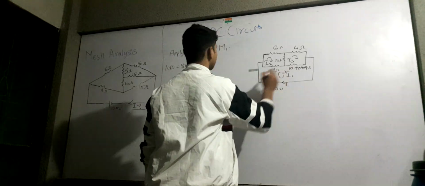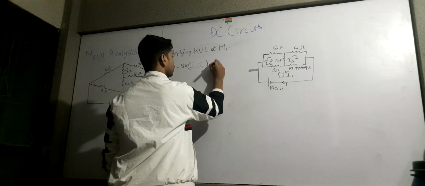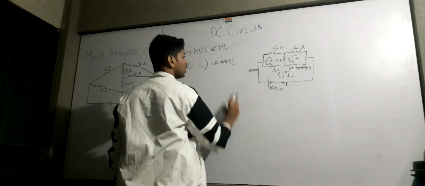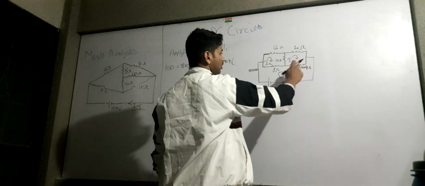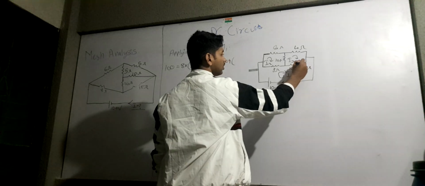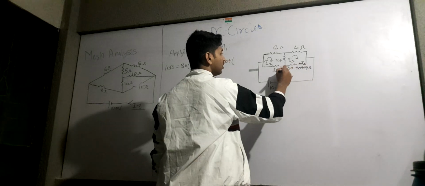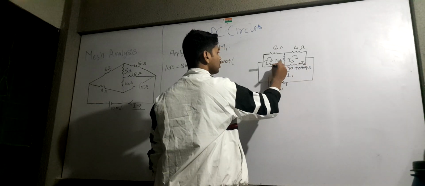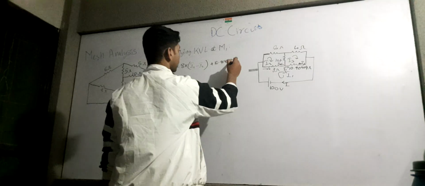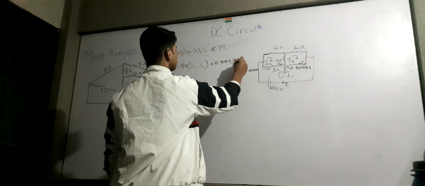Next we move on to this one, which would be 10.90909, and now same, I3 is in this direction, going from here to here, and I1 is going from here to here. So it's again I1 minus I3.